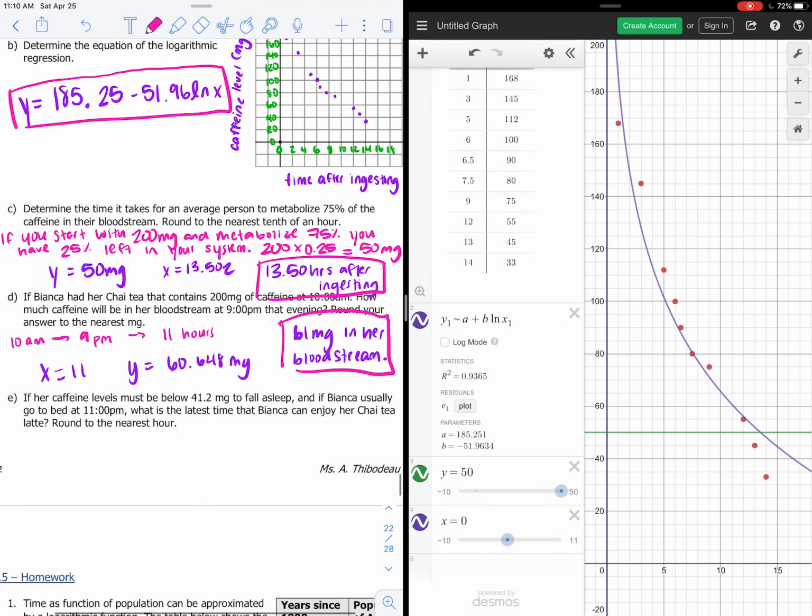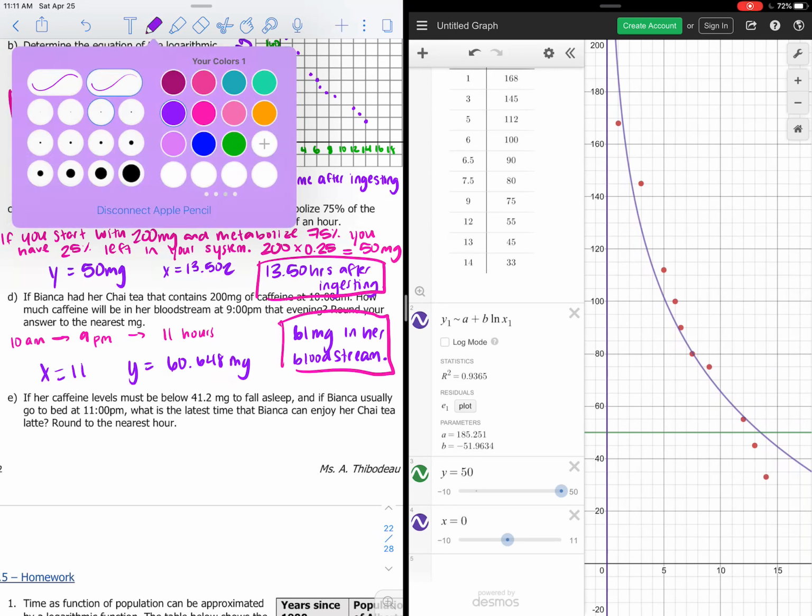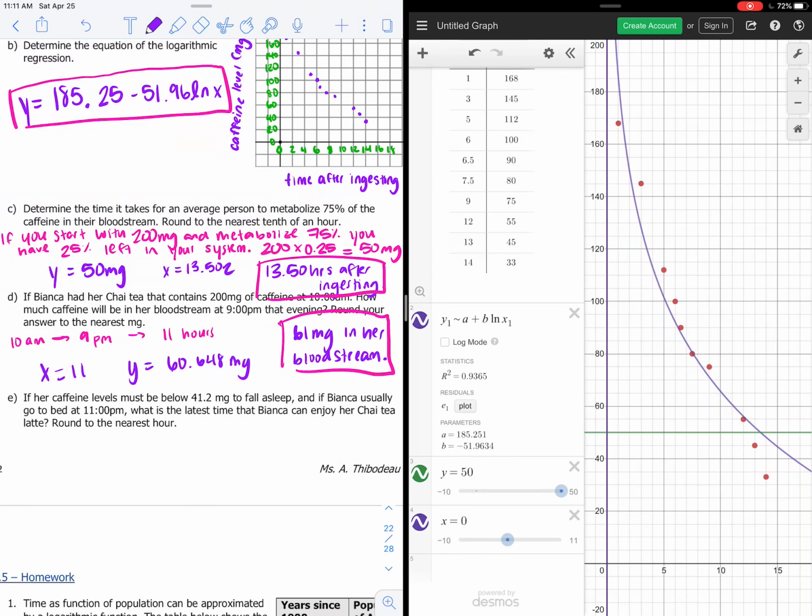Last question. If her caffeine levels must be below 41.2 to fall asleep, and Bianca usually goes to bed at 11 p.m., what is the latest time that Bianca can enjoy her chai tea latte, round to the nearest hour? Okay, so for starters, we want to know how long it will take for her to only have 41.2 milligrams of caffeine left in her bloodstream.